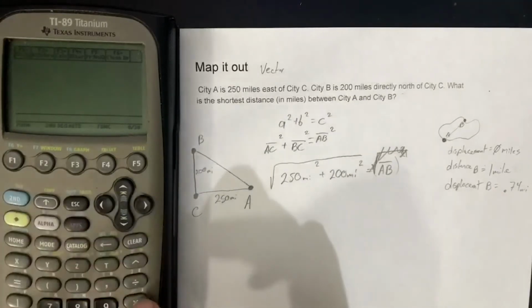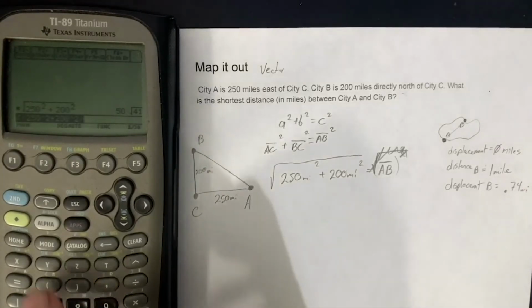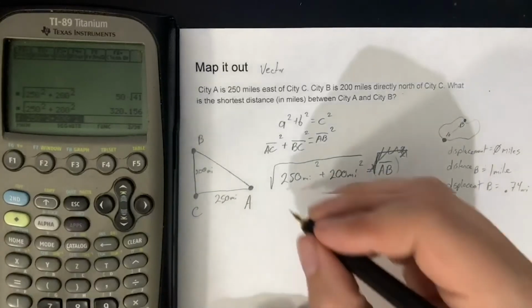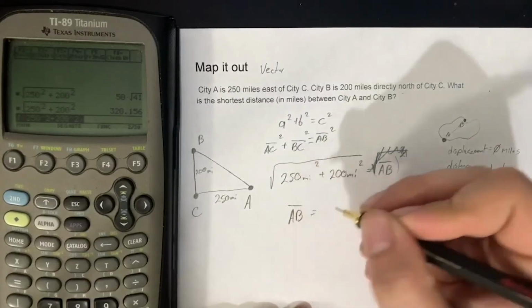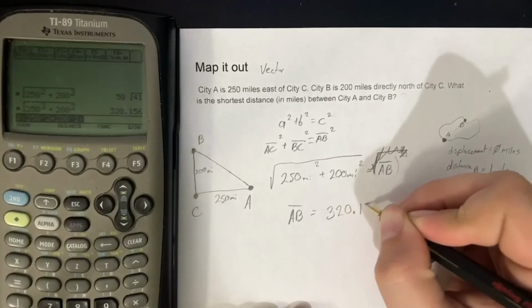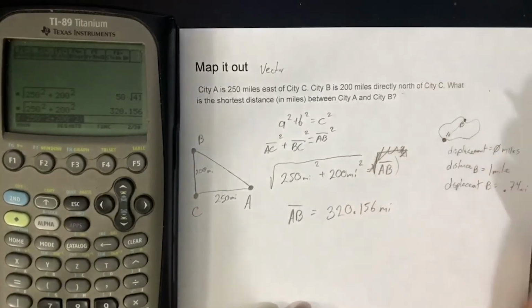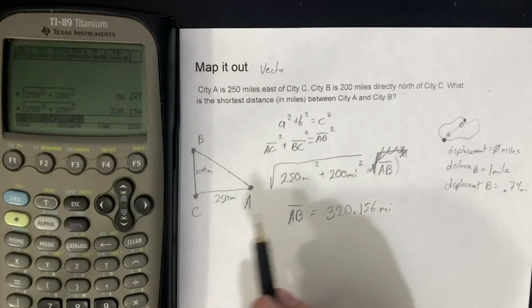So the square root of 250 squared plus 200 squared, close parenthesis, and we end up with a distance of 320.156 miles.